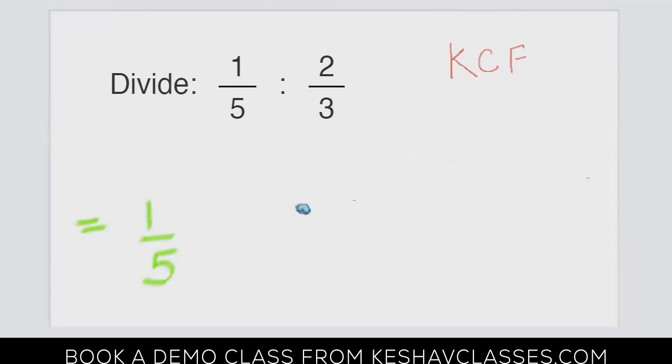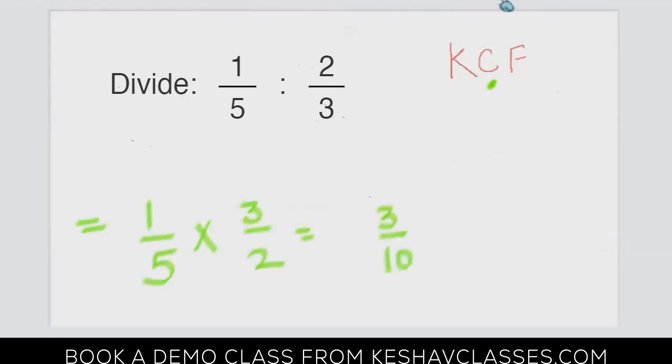And then the second number is flipped. You change the second: the divided by changes to multiplication, and then you do the flipping. 2 by 3 becomes 3 by 2.